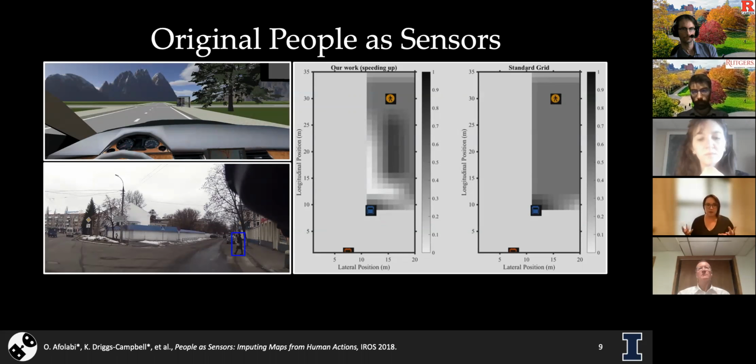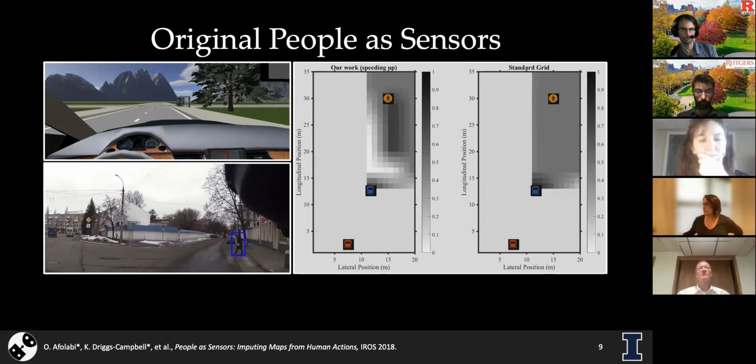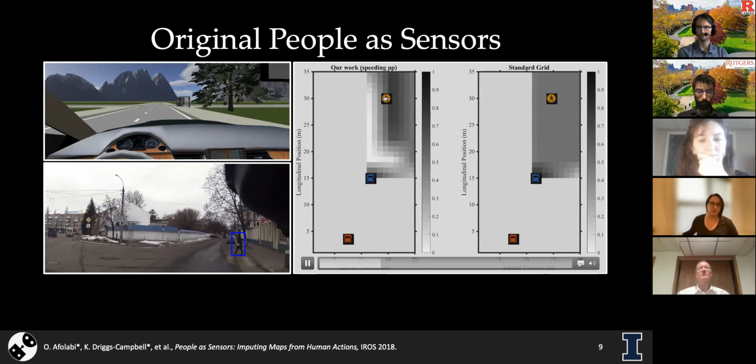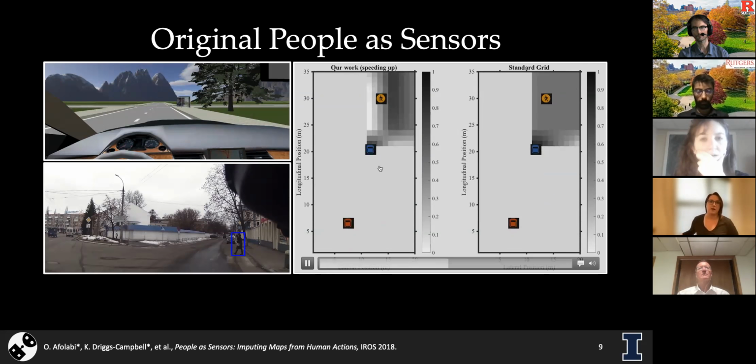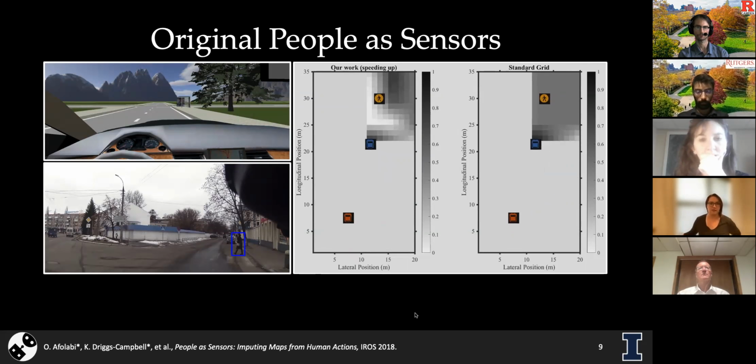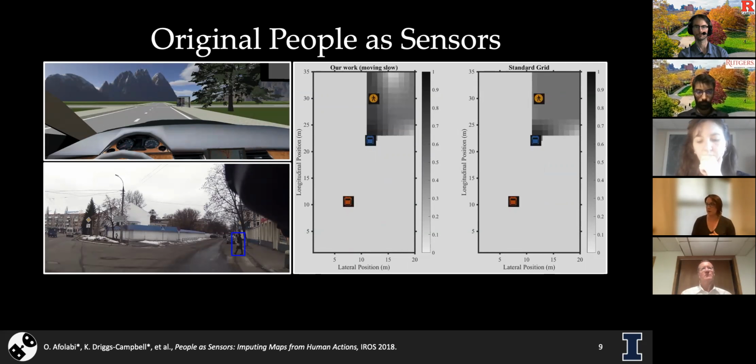And we're able to generate some pretty nice maps, so we can do some inference on the presence of pedestrians. In this case, we have the standard grid where we have a lot of occluded space. And here's the part where we're trying to fill this in and improve our inference. It'll switch over and detect the pedestrian shortly before it actually pops out. All right, so this is a nice example.